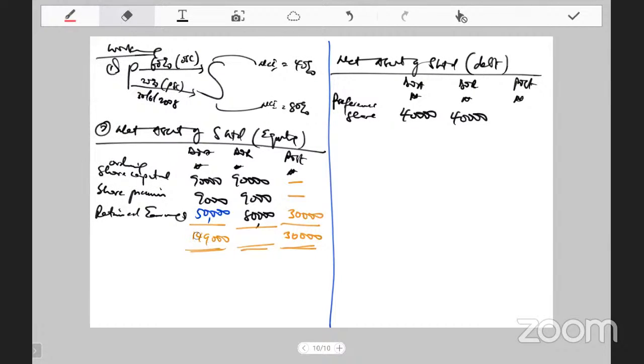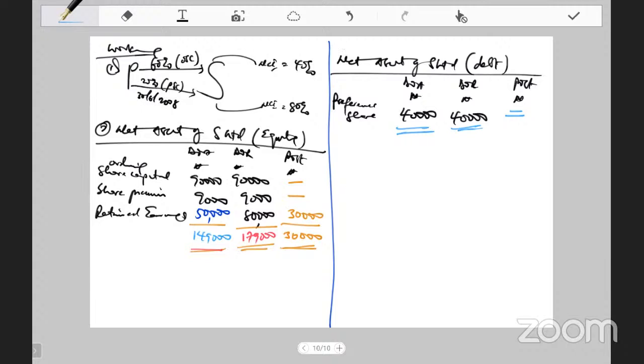So the date of reporting is 179,000. What is the amount for the date of acquisition? 149,000. This one is 0, so there's no argument. Okay. Can we now move on?